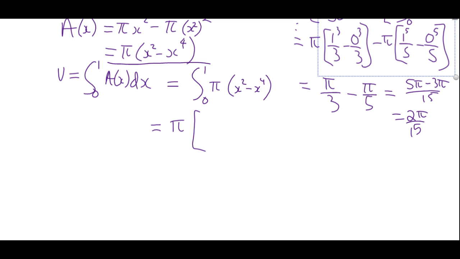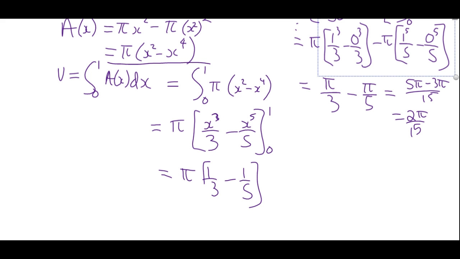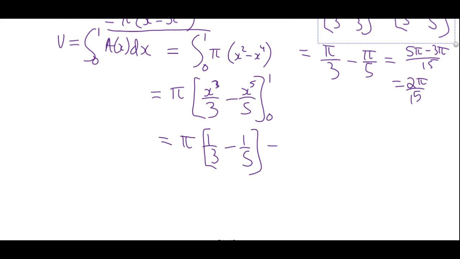So it's just pi times the integral of x squared minus x to the 4th, which is x cubed over 3 minus x to the 5th over 5, from 0 to 1. The 1s give you 1/3 minus 1/5. The 0s give you 0 minus 0. I'm not writing them out, you could if you wanted, but they're just zeros. And that's equal to 2 pi over 15. Surprisingly, you get the same answer.